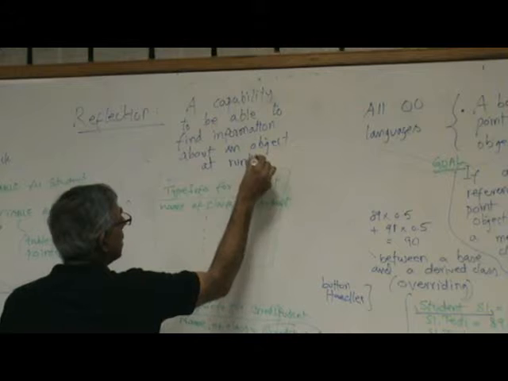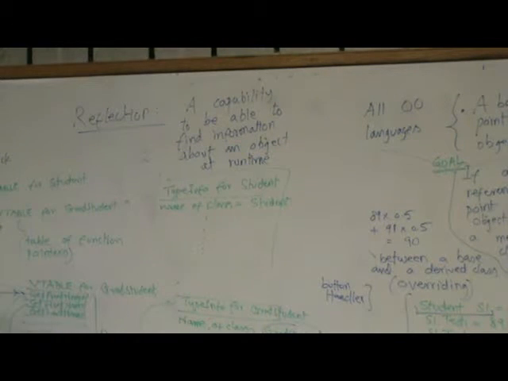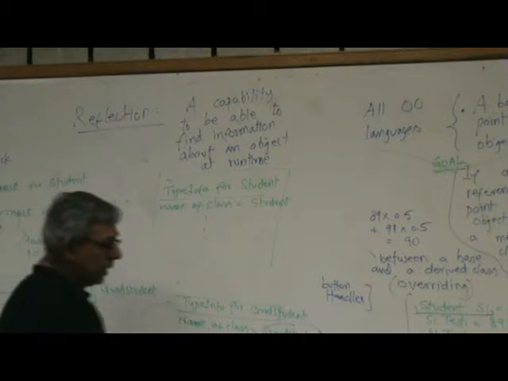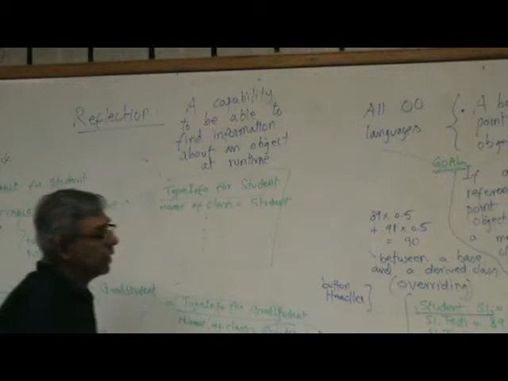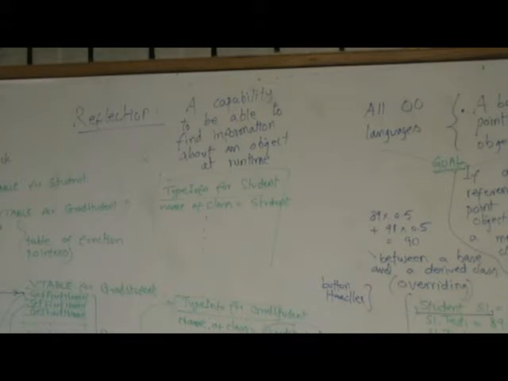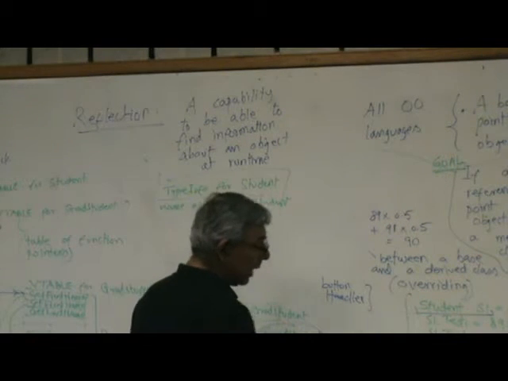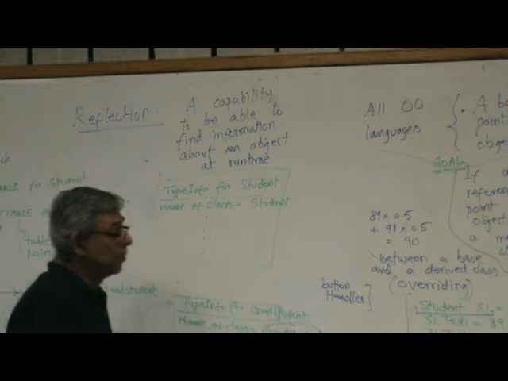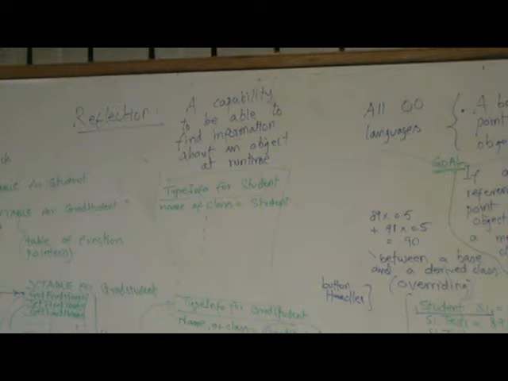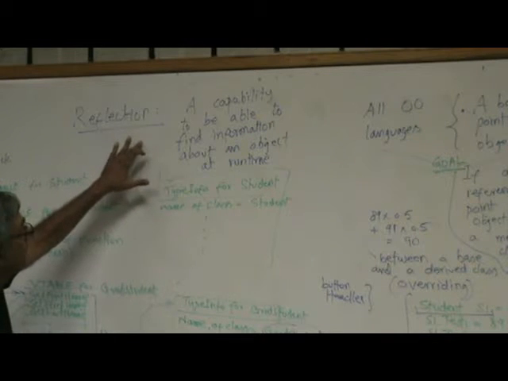So while the code is running, if you wanted to know, for example, in this method, which object is S1 pointing to? Is S1 pointing to a student, or is S1 pointing to a grad student in this method over here, right?